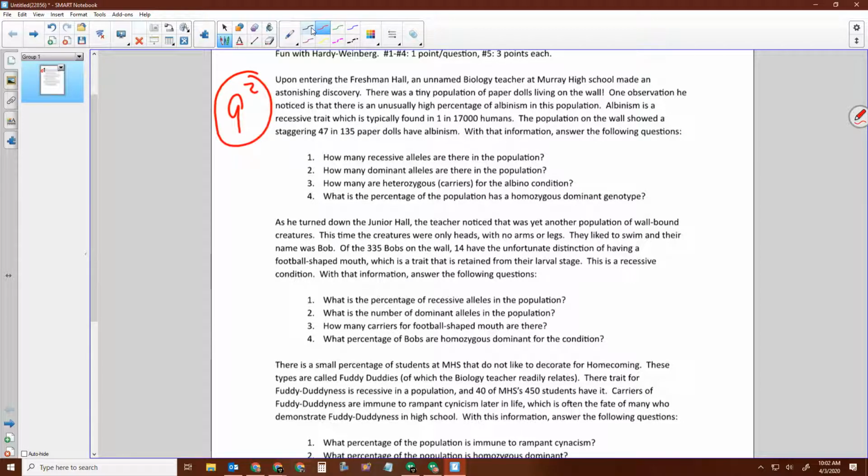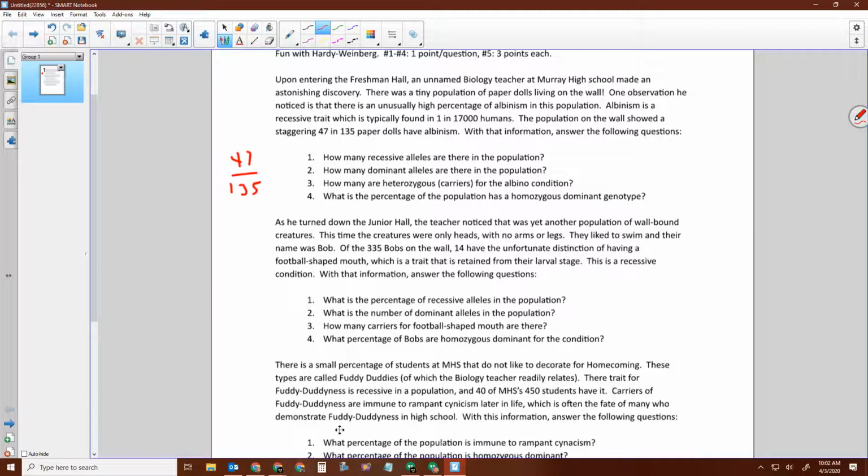Once you find Q squared, which again is the percentage of homozygous recessive individuals in a population, and solve for Q, then you get P, and then you've unlocked the entire problem. In this problem, we're given those numbers, but we know it's 47 out of 135.